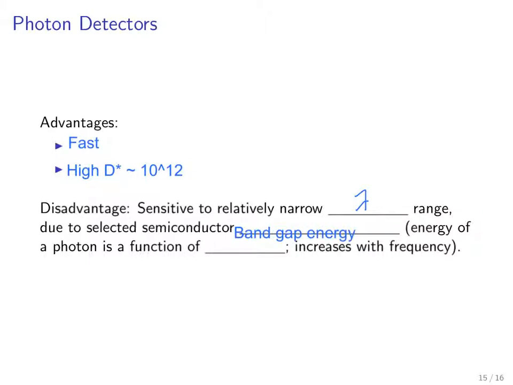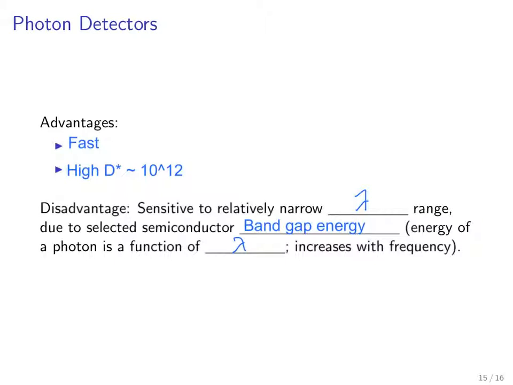This is the energy required to produce that electron-hole pair. The energy that any given incoming photon has is a function of its wavelength, and that energy increases with frequency.